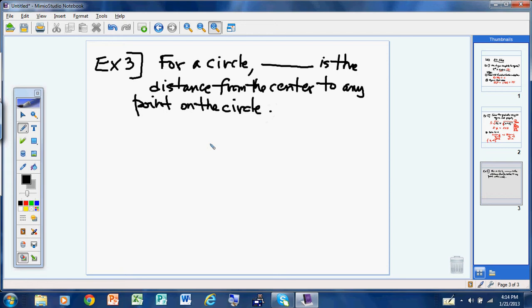So, what is the distance? The radius is that distance from the center to any point on a circle. Okay.